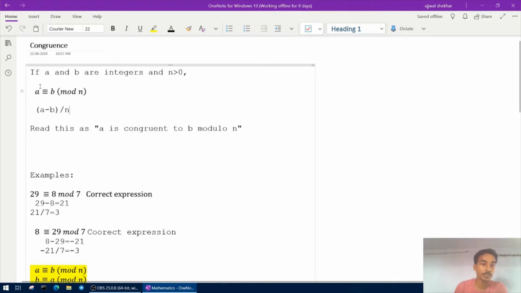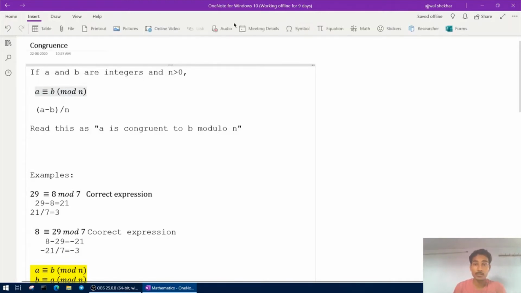Let's start with this expression. This is a congruency symbol.